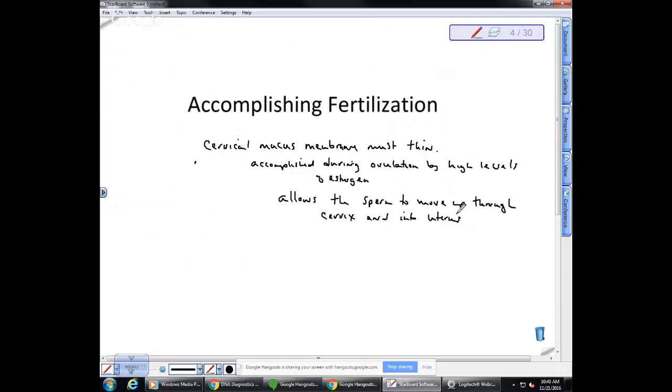So the sperm follow chemicals produced by the egg. Okay. So the sperm is able to quote unquote smell the egg.